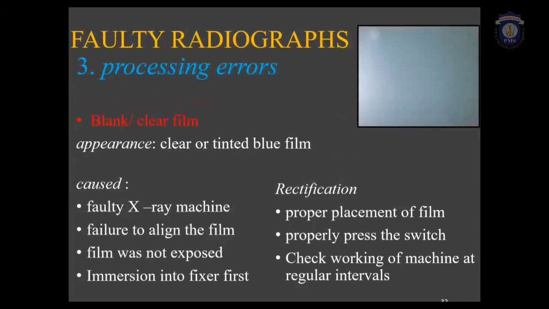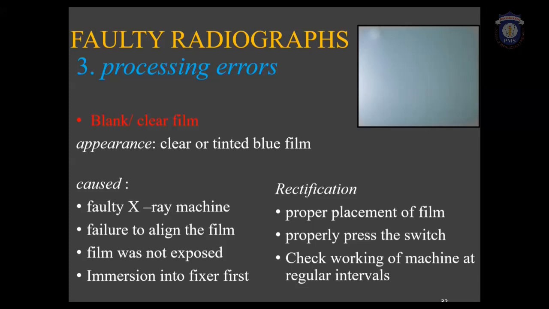A blank or a clear film. As you can see in the image, a clear film can also be slightly tinted blue film. This can be caused due to a faulty X-ray machine, a failure to align the film in the area of interest. The film was not exposed at all, or due to immersion in a fixer solution first before developing.